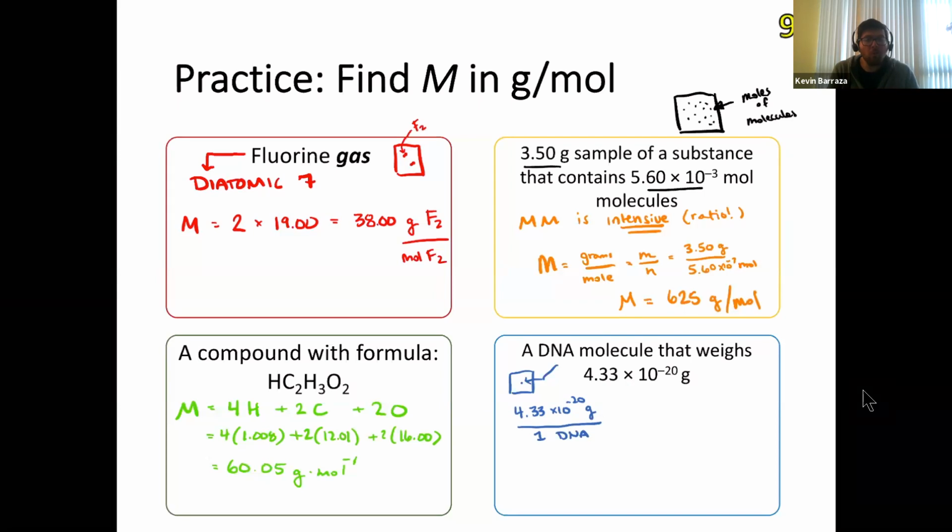Because it's a relationship. 1 DNA equals this mass. But now I want my fraction to be grams on top, moles on the bottom. So maybe this way it's a little clearer why we're doing what we do with Avogadro's number. Well, 6.022 times 10 to the 23 DNA molecules are going to be a mole of DNA.